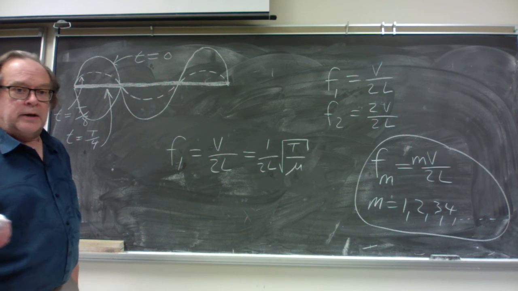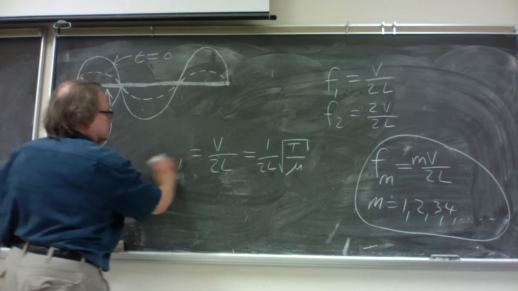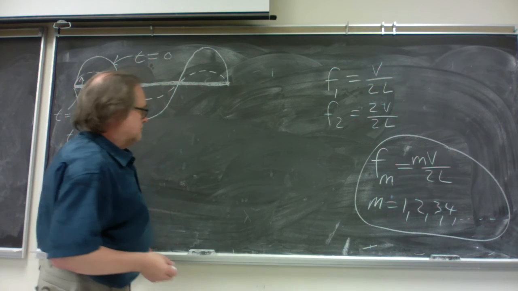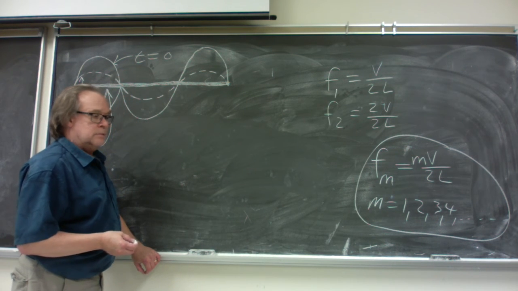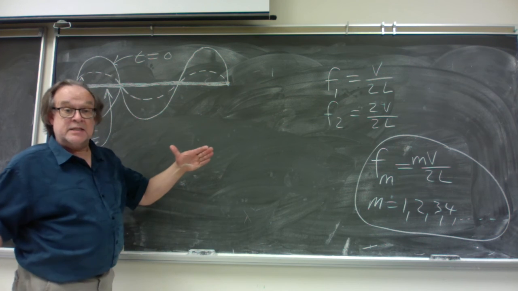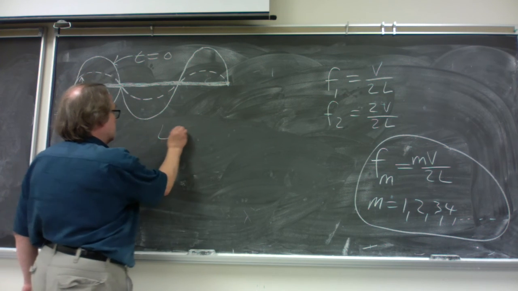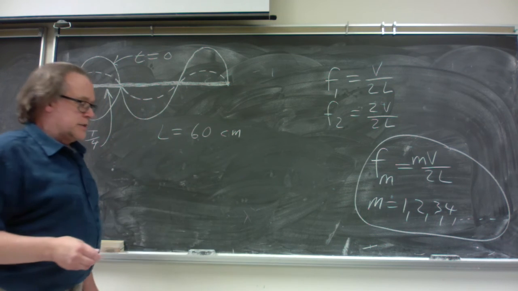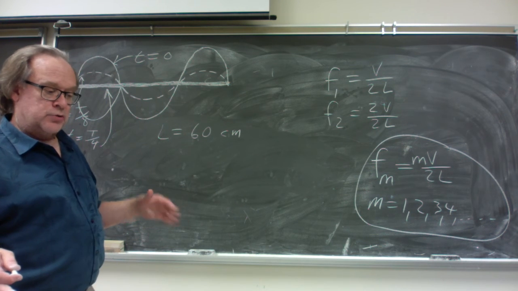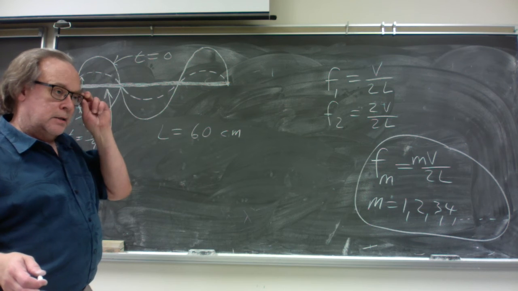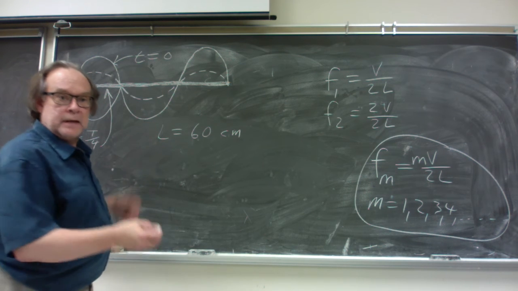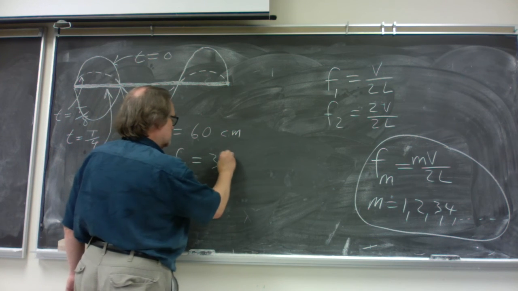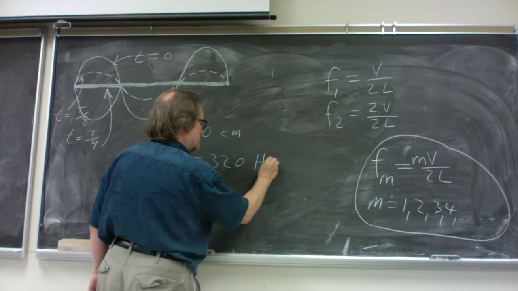Let's look at just one example of this. Let's say a typical guitar string might be 60 centimeters long. And let's say that one particular guitar string will sound a note that has a frequency of 320 hertz.